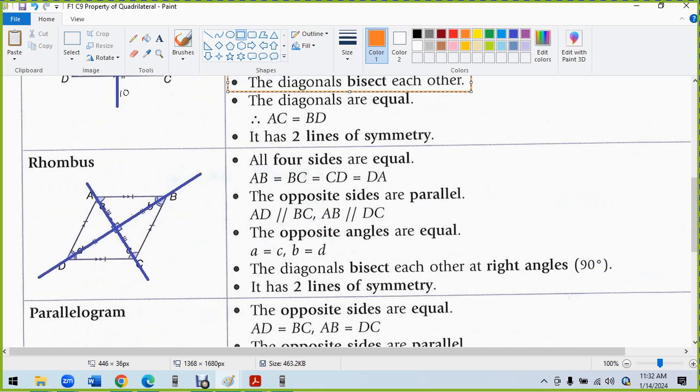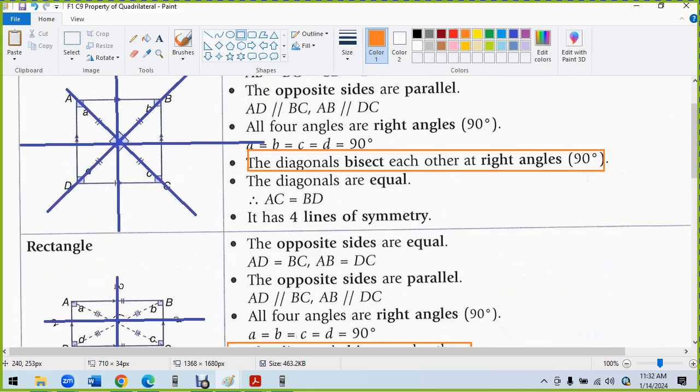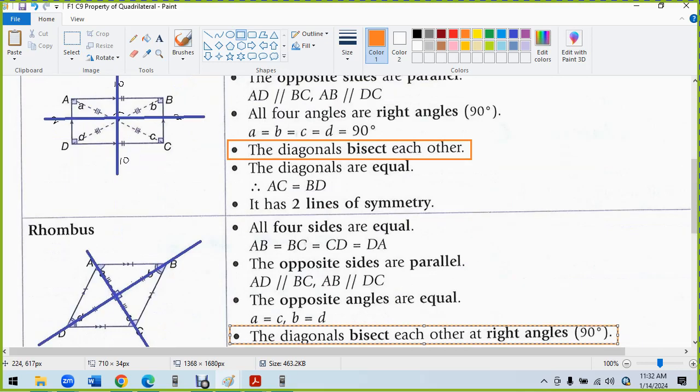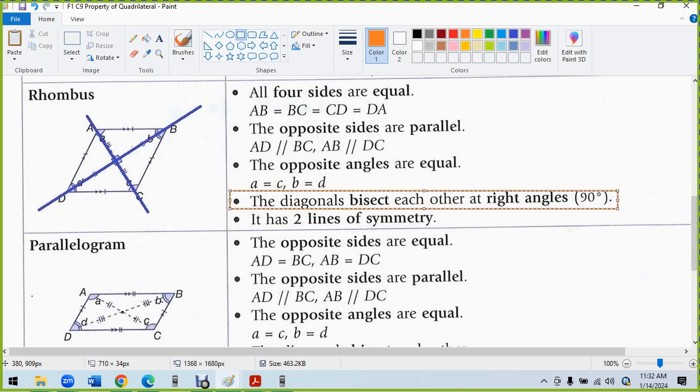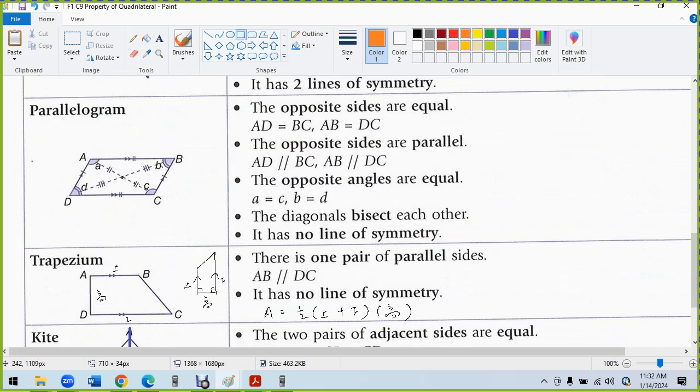For rhombus also, the diagonal bisect each other at 90 degree. So it have a right angle at the middle here. So square also have a right angle here, but rectangle don't have. Okay, so the midpoint of AC equal to midpoint of BD. And for parallelogram, the diagonal bisect each other.